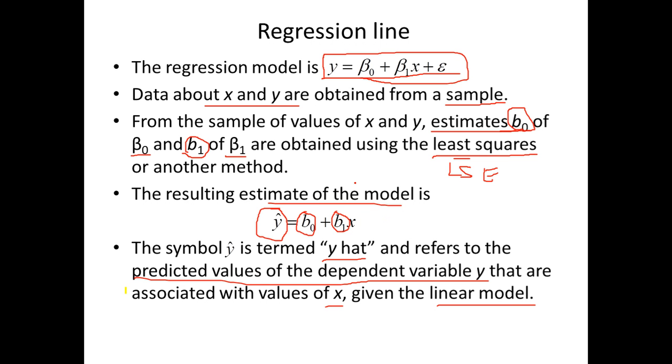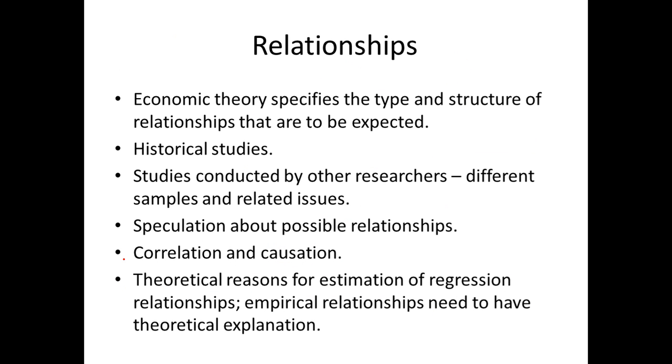So the question is why they will be related also. What is the cause? There are two terms we use, correlation and causation. There is one classic saying: correlation doesn't mean there is a causation.